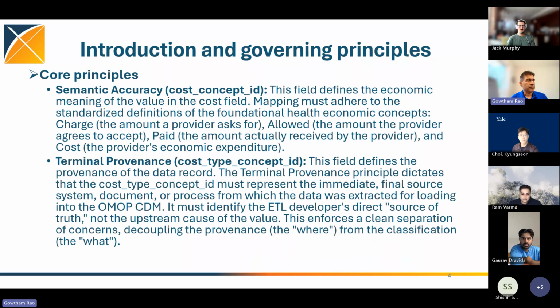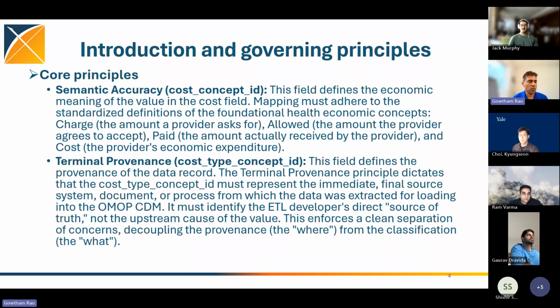So there are two core principles. This is consistent with OMOP CDM. These are the different elements that we introduced as part of the CDM 5.5 proposal. For semantic accuracy, the representation is in the cost concept ID field, and the provenance is on the cost type concept ID field. The semantic accuracy is the economic meaning of the value of the cost. Is it an allowed amount? Is it a paid amount?